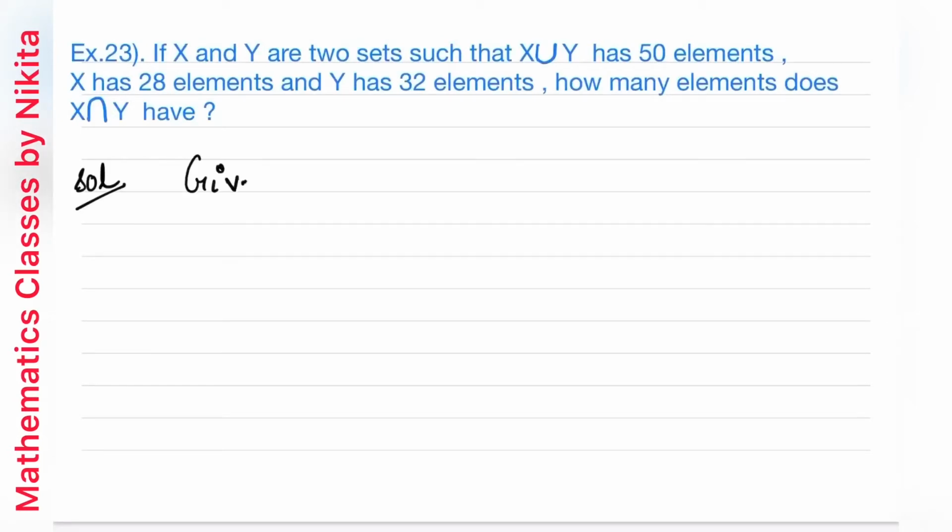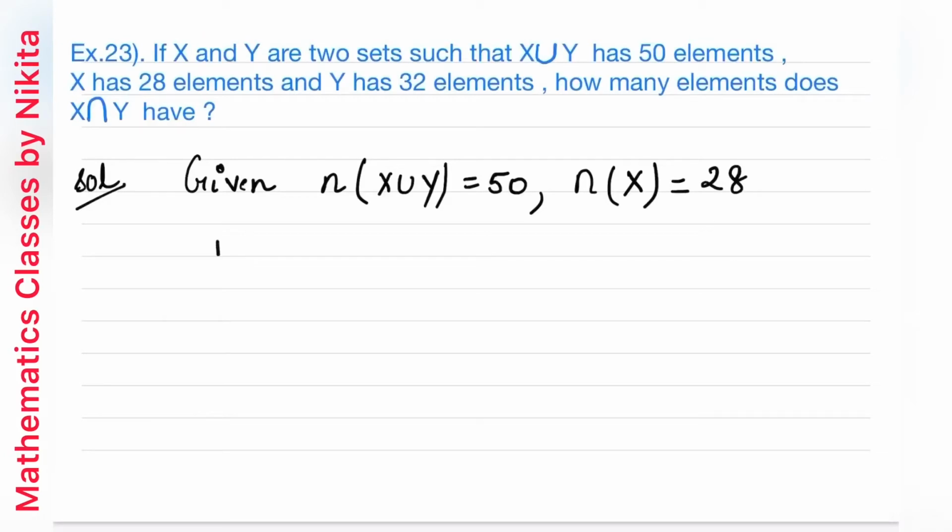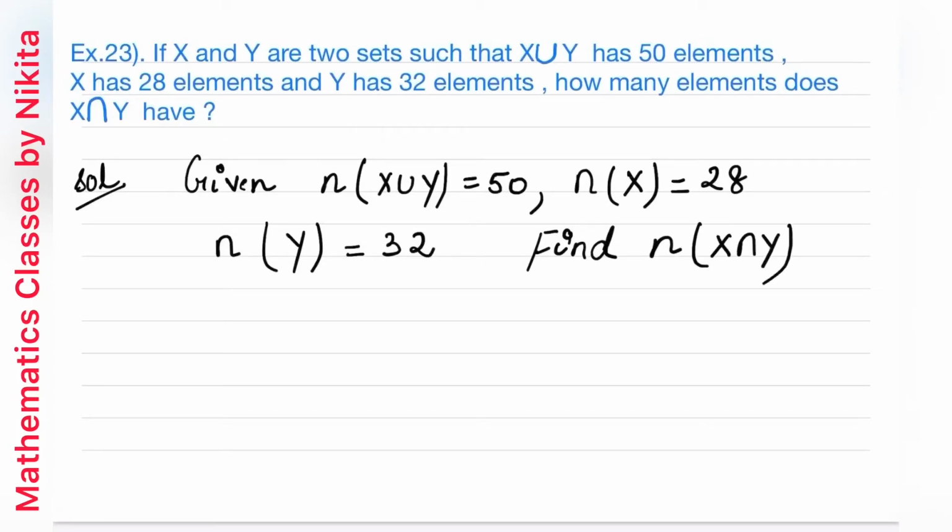It is given that the number of elements in X union Y is equal to 50. Number of elements in X is equal to 28. Number of elements in Y is equal to 32. And what you have to find? You have to find the number of elements in X intersection Y.